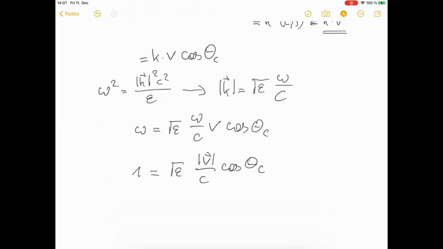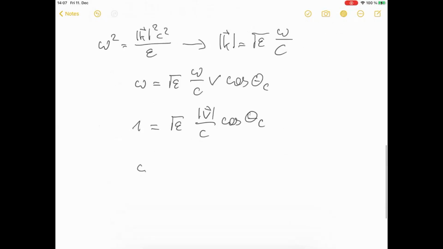Or in other words, this angle: cosine theta c equals 1 over beta times n.